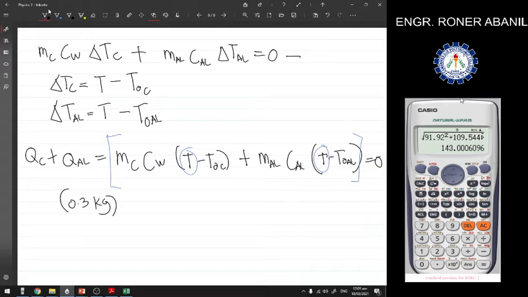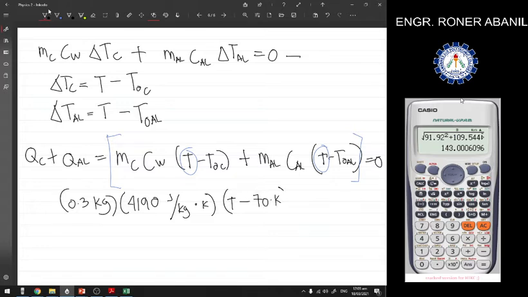Yung CW ay 4190 J per kilogram Kelvin. Ngayon naman, yung T ang hinahanap, minus the T initial ng coffee, which is 70 degrees.